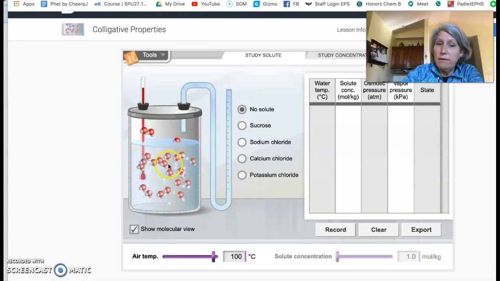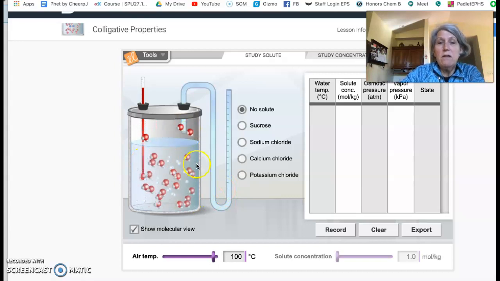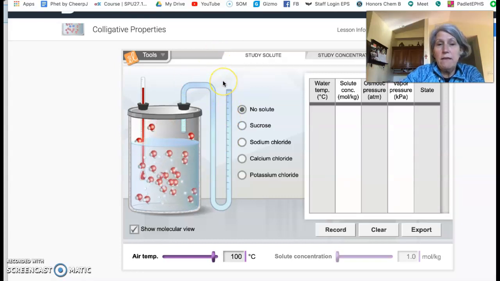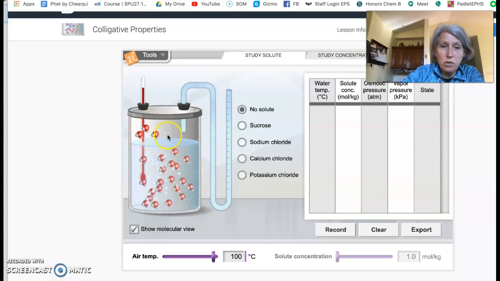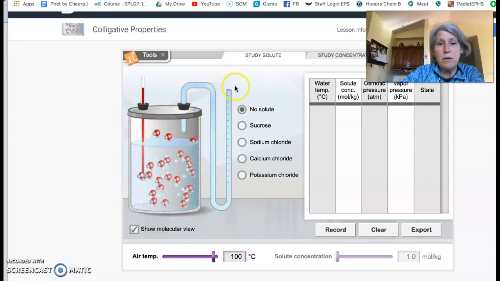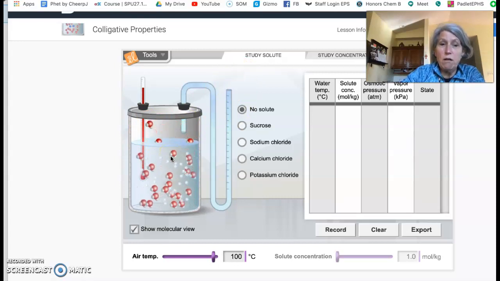That's because we have boiling, and the vapor pressure here is equal to the atmospheric pressure, and we have what we call a normal boiling point.